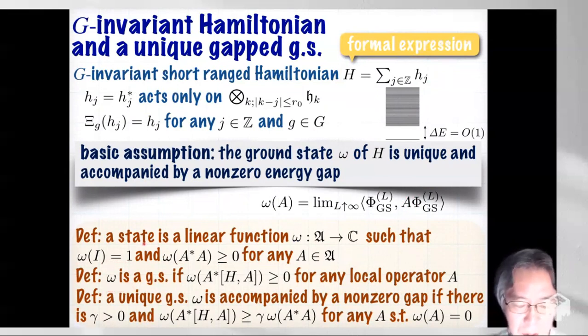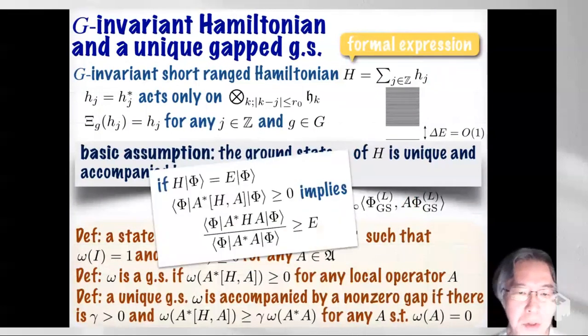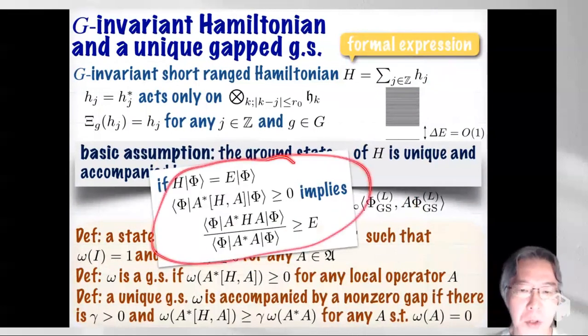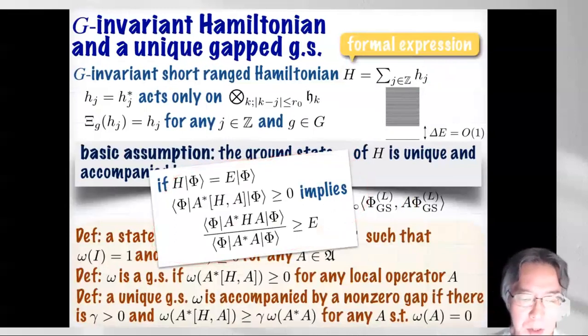A state in this sense is said to be a ground state if and only if this inequality here is valid for any local operator A. And this looks like a mysterious relation, but it's not. So suppose, okay, consider a finite volume, usual quantum mechanics, and suppose that phi is an energy eigenstate with an eigenvalue E. And then, as I said, this omega denotes the expectation value.